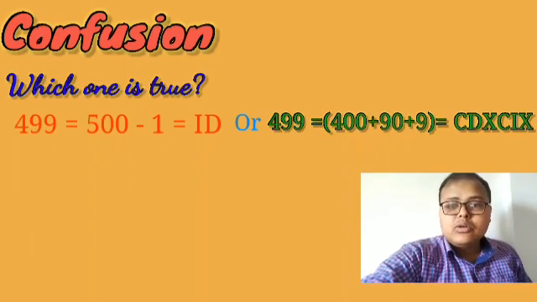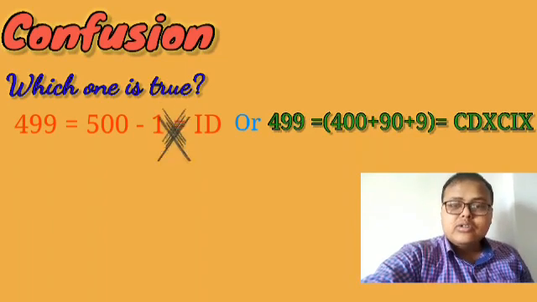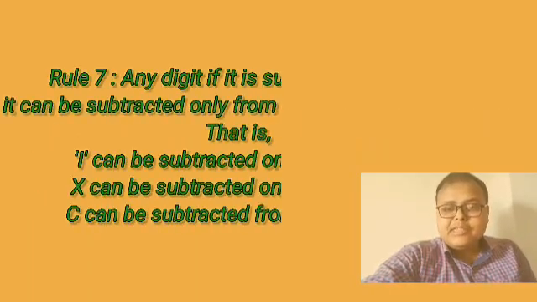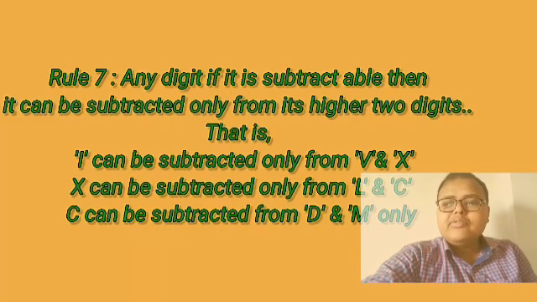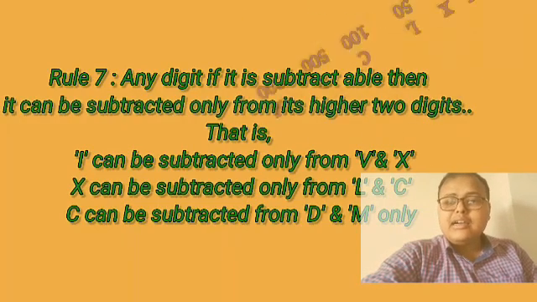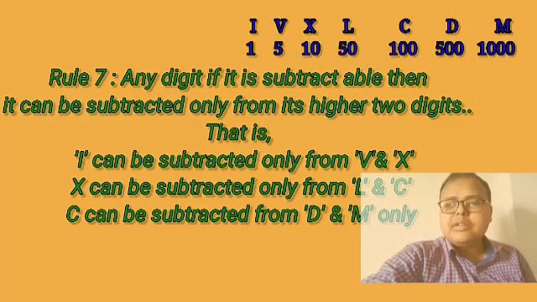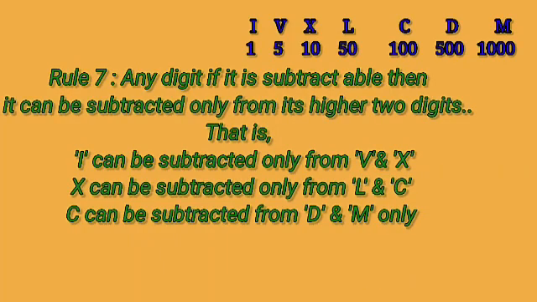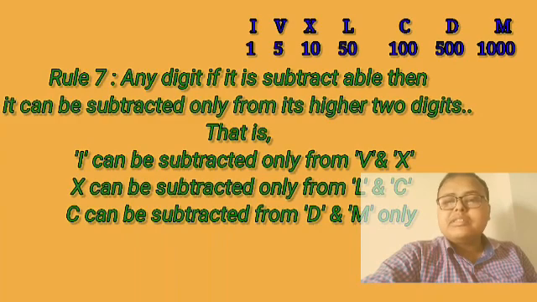The answer is no, we cannot write that. There is a rule for that also, that I can be subtracted only from V and X. I can be subtracted only from the higher two symbols, not more than that. I cannot be subtracted from L. I cannot be subtracted from C as well.